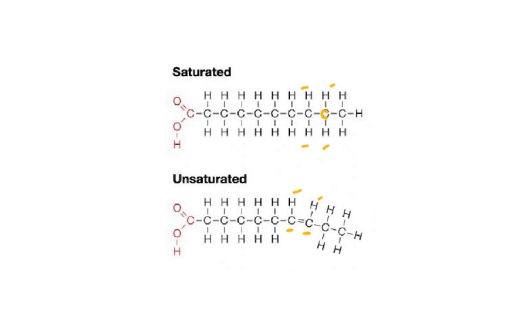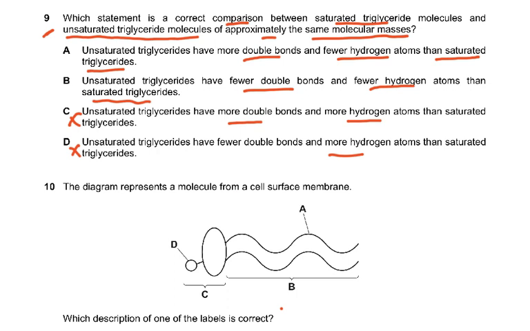And of course, unsaturated fats have double bonds. In fact, saturated fats have no double bonds. The double bond is only here in the glycerol and not in the fatty acids, but they're talking about the whole fat molecule, the triglyceride. So now that we read it again, unsaturated triglycerides have more double bonds and fewer hydrogen atoms than the saturated triglycerides. So the answer is A.